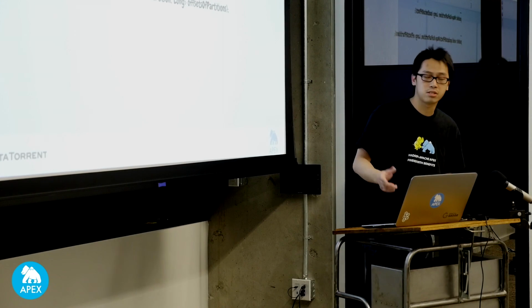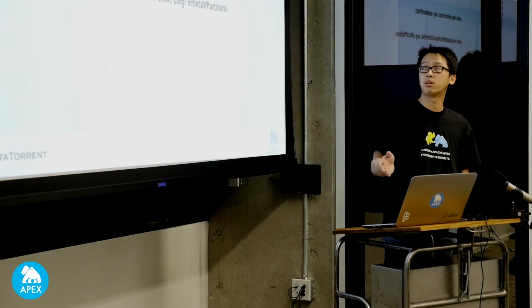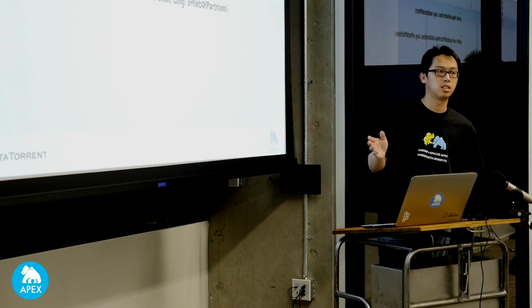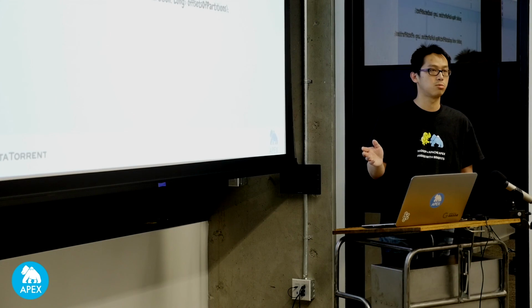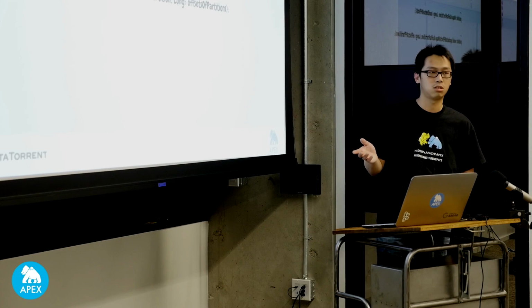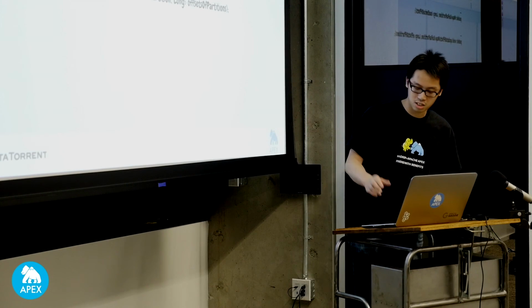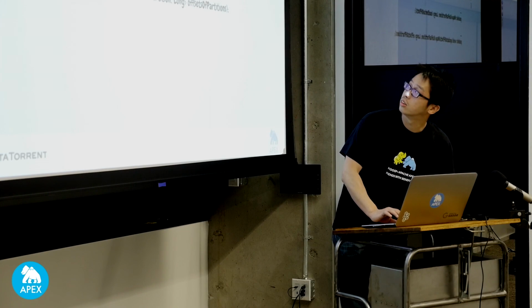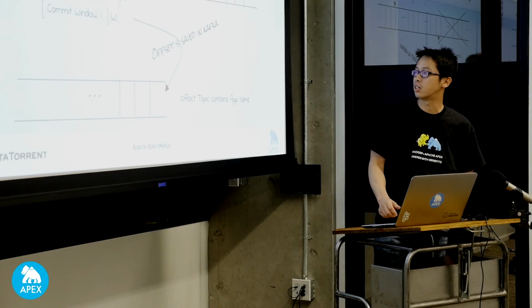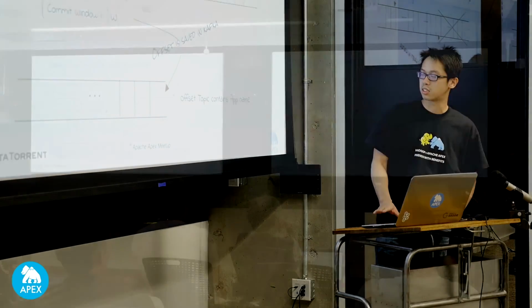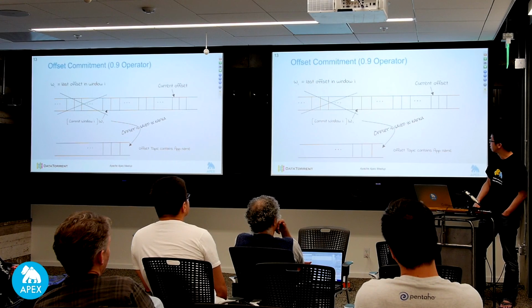We have this interface because in the Kafka 0.8.0 and 0.8.1 consumer API, there's no way to explicitly commit the offset. But in Kafka 0.9, they provide a commit method in their consumer class.